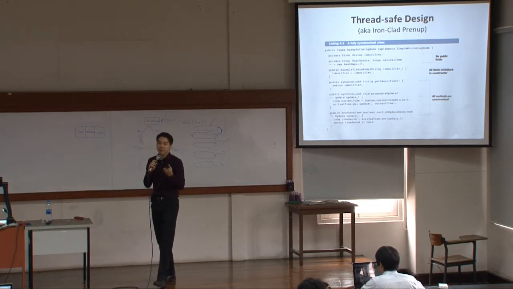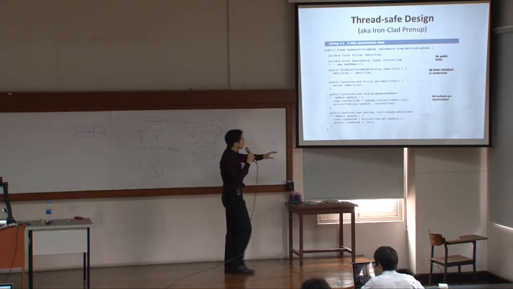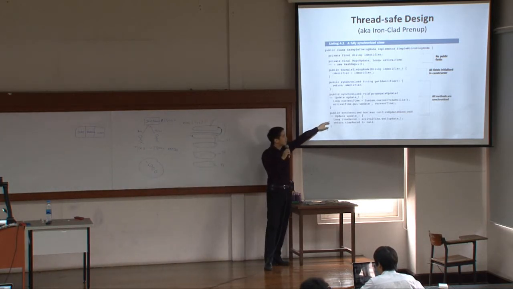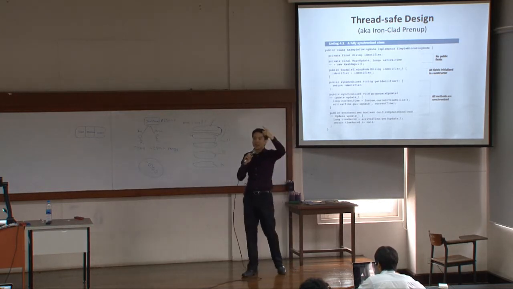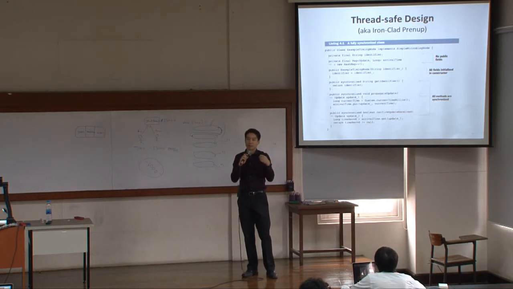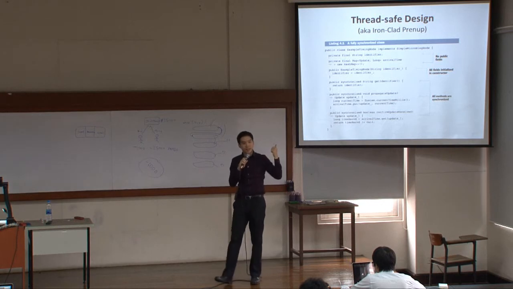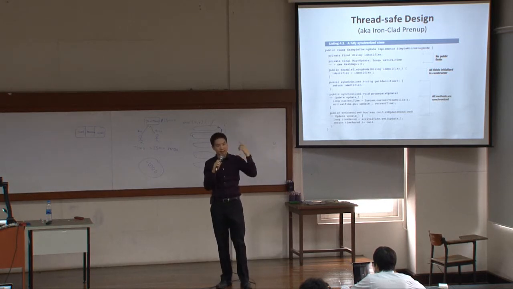What is the behavior of synchronized? For example, if I had 5 threads that access the propagate update method, without the synchronized keyword, how many threads can access that method all at the same time? 5. But now with the synchronized keyword, how many can access at any given time?